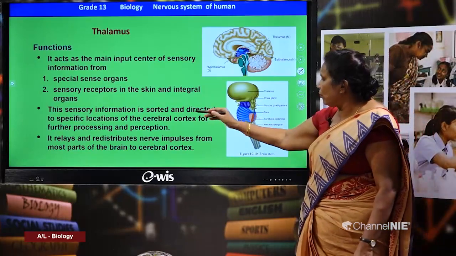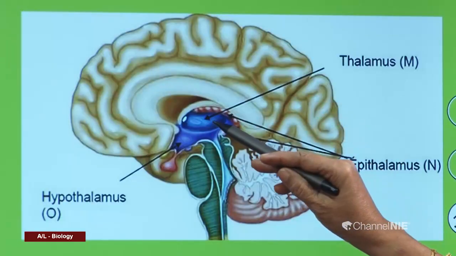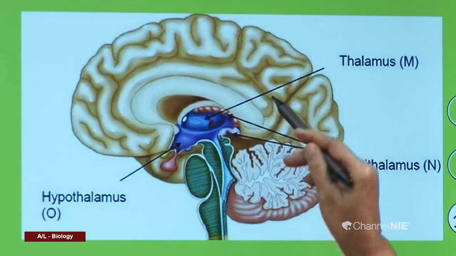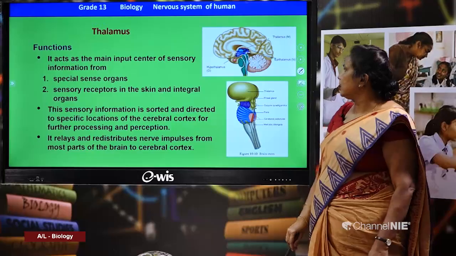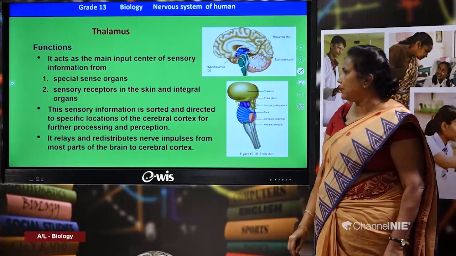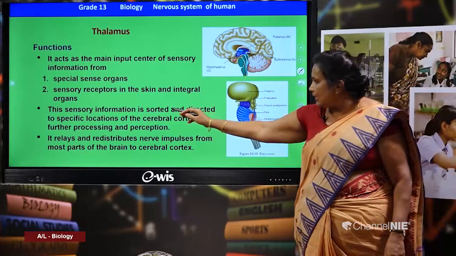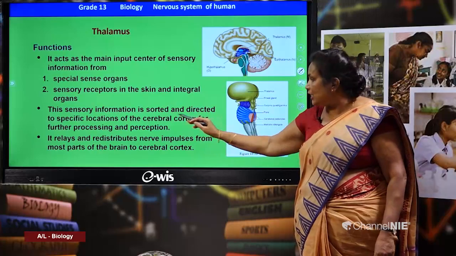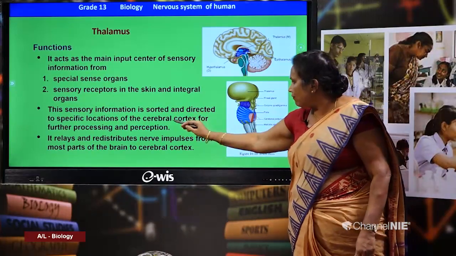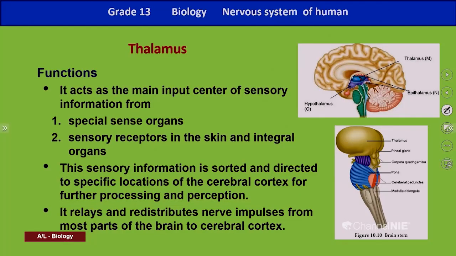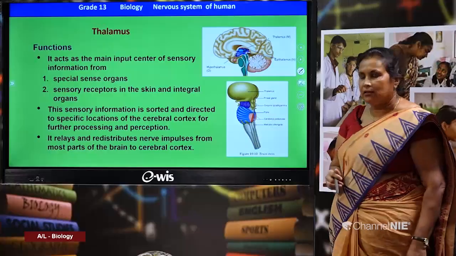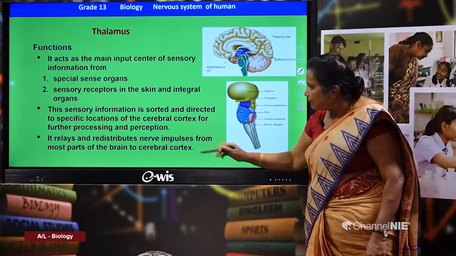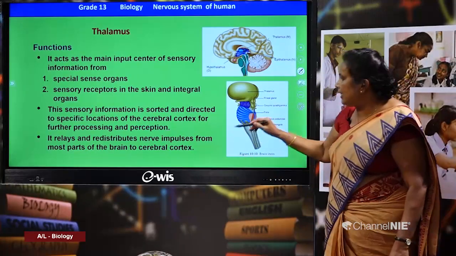The sensory information actually reaches this place and is diverted into different regions of the cerebral hemispheres, right? Sensory information is sorted and directed to specific locations of the cerebral cortex for further processing and perception, right? So that's what the thalamus does, right? It relays and redistributes.